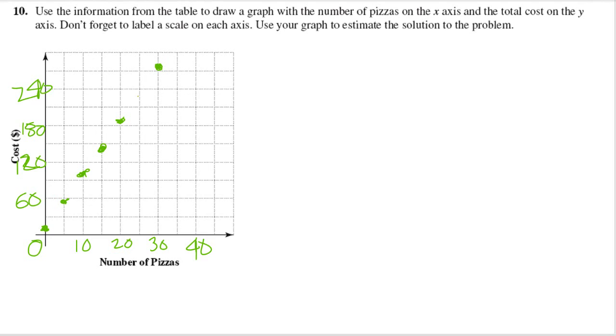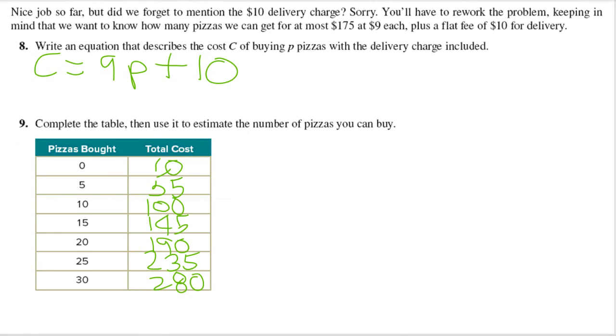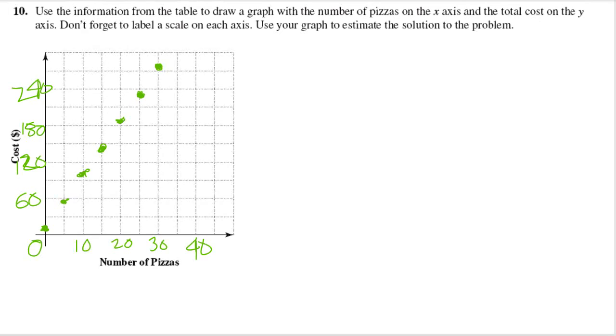And so 230 for 15 pizzas. 235. So really I'm just a hair below 240. 40. If I draw my straight line, I end up with a graph of the number of pizzas versus the cost with the delivery charge.